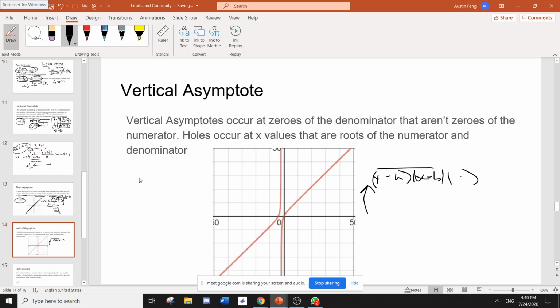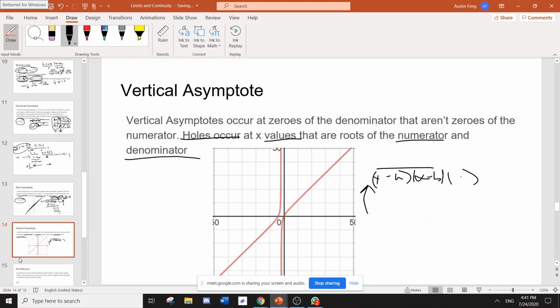This is because when the denominator gets close to 0, the limit of the fraction becomes really big. However, you also need to account for holes. Holes occur at values where the roots of the numerator and the denominator coincide.